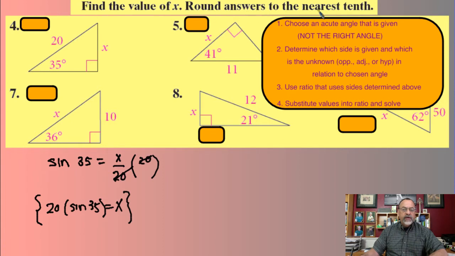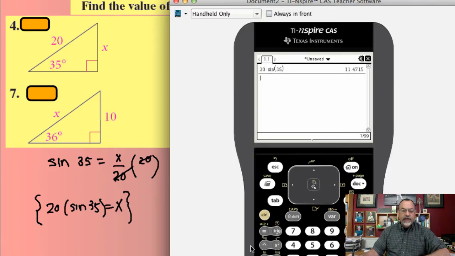This here says to round to the nearest tenth, so I'll have to calculate from here. Because it asks me to round to the nearest tenth, I'll use my calculator and I'm going to enter in what I see here. So it's going to be 20, and then we'll use the sine of 35. And that gives me 11.47.